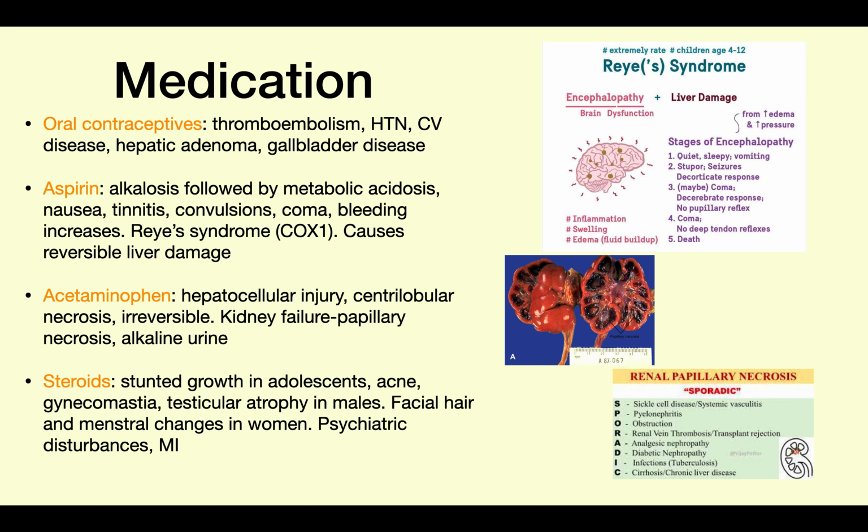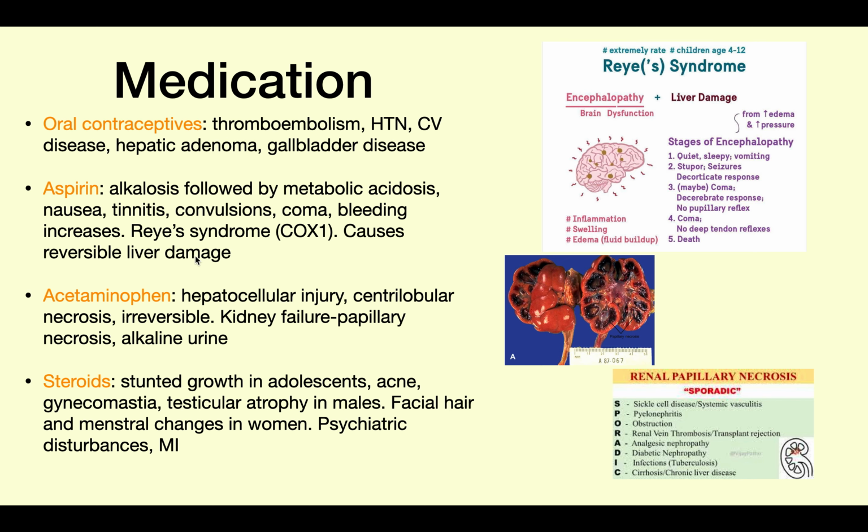Okay, so medication we got to be worried about. Oral contraceptives, because they lead to, like, the big one is thromboembolism. It can also lead to hypertension, cardiovascular disease, hepatic adenoma, and gallbladder disease. And aspirin overdoses can be alkalosis followed by the metabolic acidosis, nausea, tinnitus, bleeding.